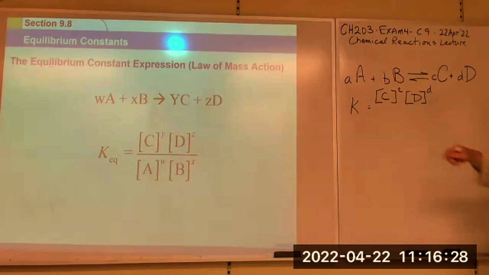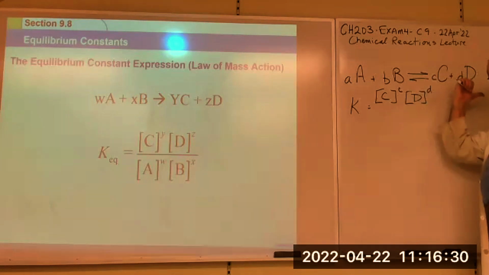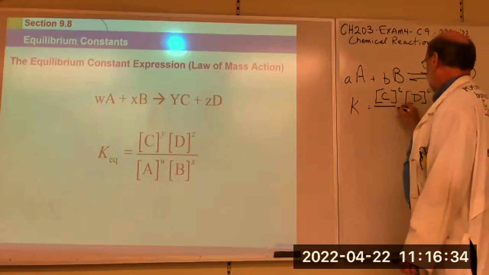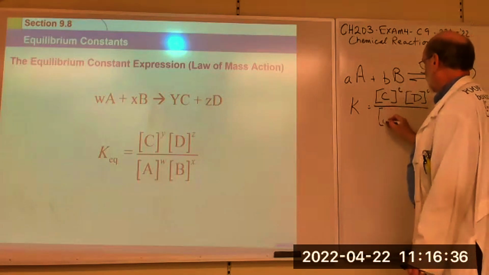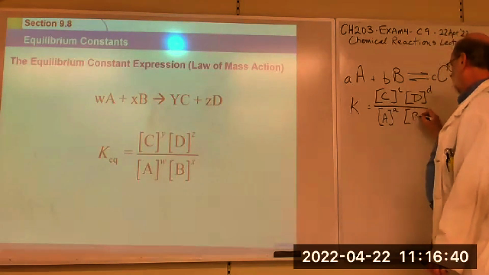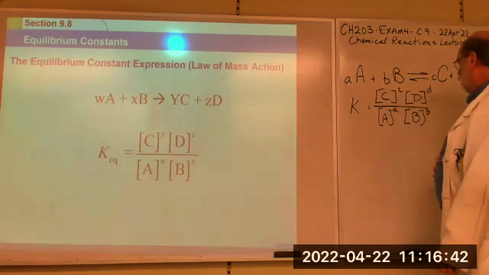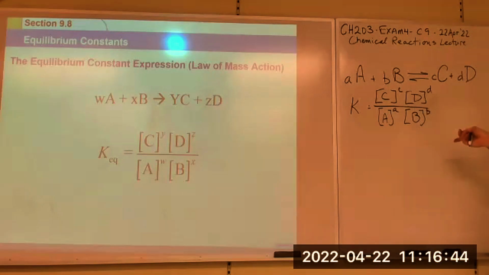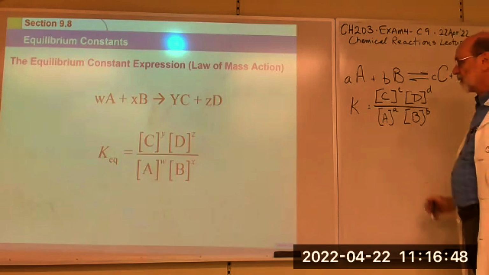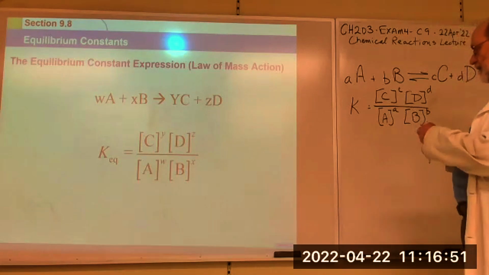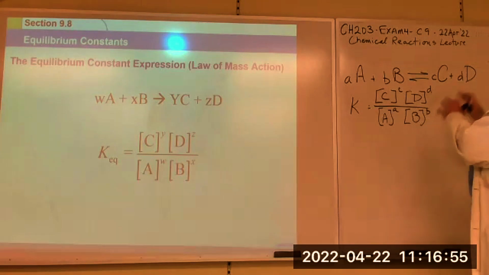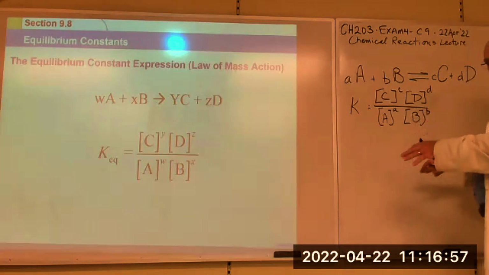That's in the numerator. So the product side always forms the numerator, and the denominator is always formed from the reactant side. Okay. That is also known as the law of mass action. So in general terms, that's true.